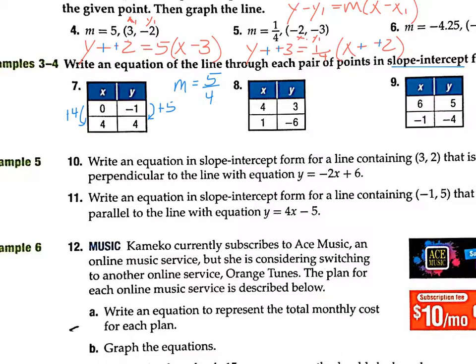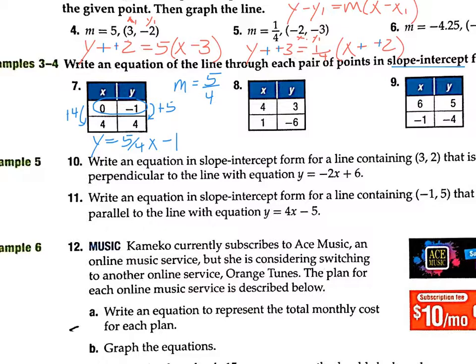Since I want slope-intercept form, I want to use this point right here, (0, -1), because that is my y-intercept. Remember, slope-intercept uses the y-intercept, the point (0, b). So it'd be y equals m, my slope, 5/4 x, plus b, and my b here is -1.